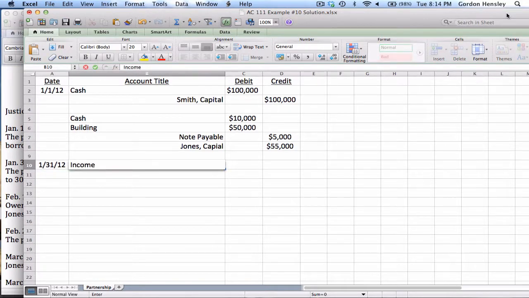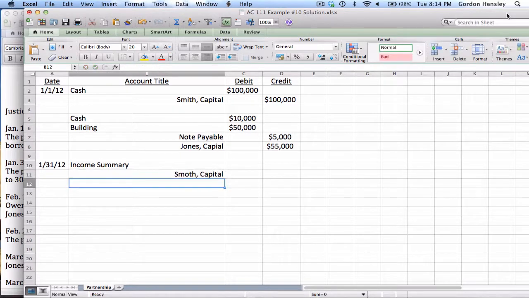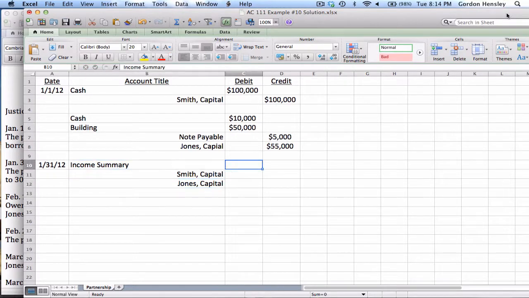This is a net income, so we have to close out income summary. That's with a debit. Part of it is going to go to Smith's capital. Part of that is going to go to Jones' capital. Now notice that I'm crediting both capital accounts. Remember, crediting capital increases it. So the total net income that they reported was $20,000.